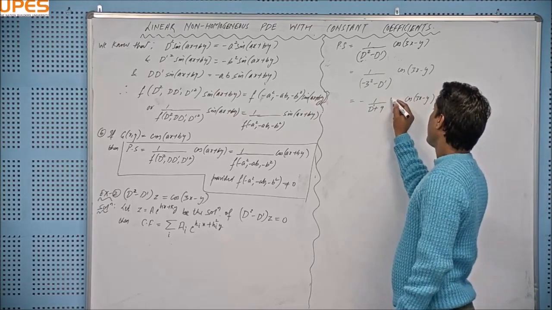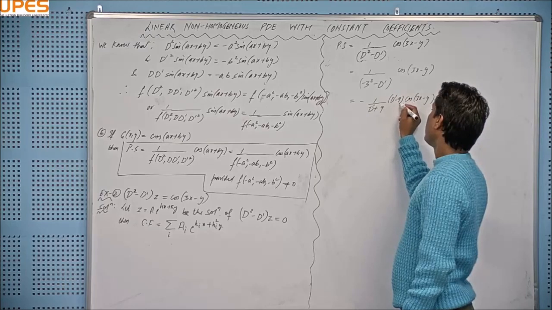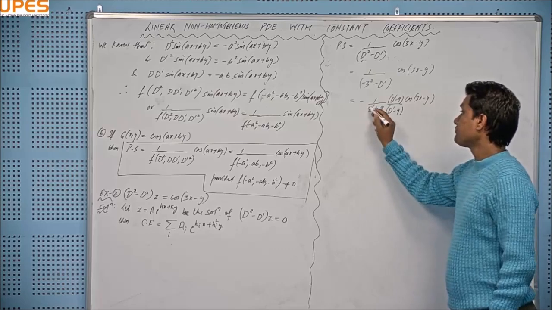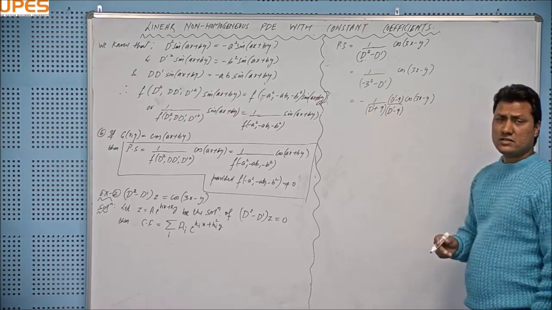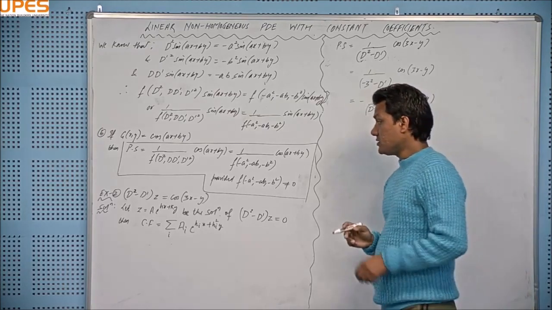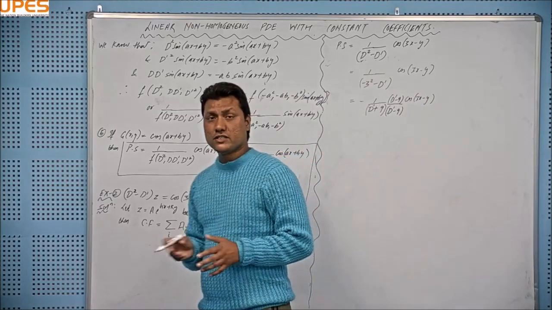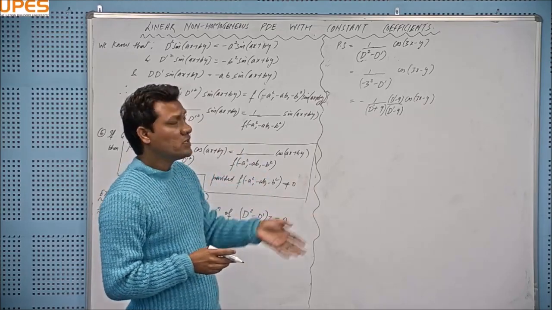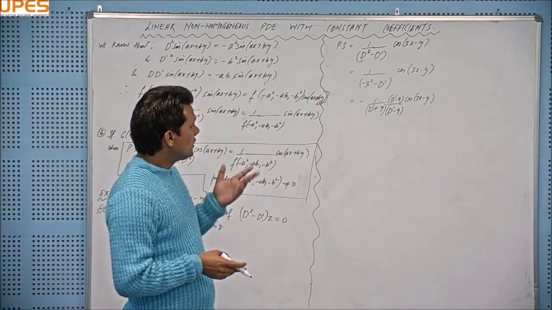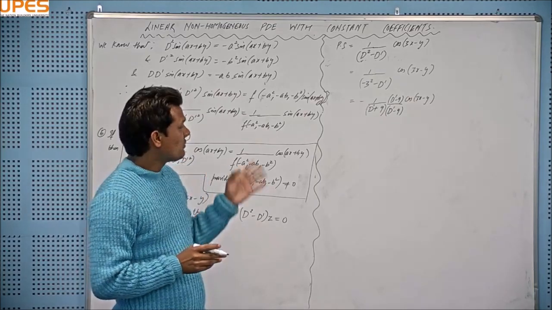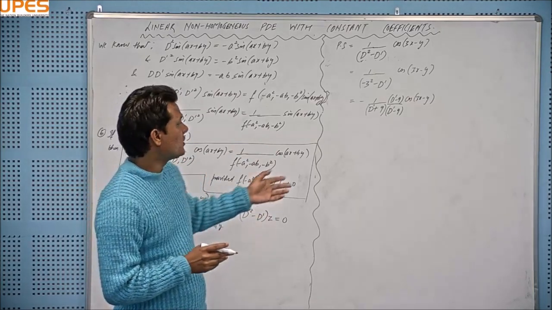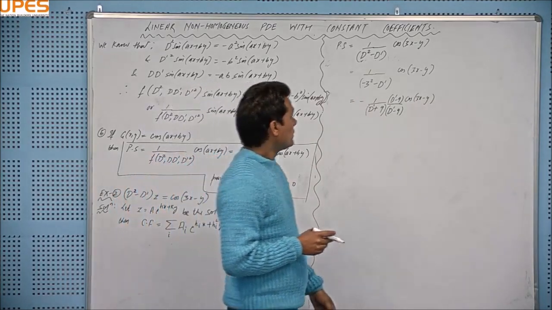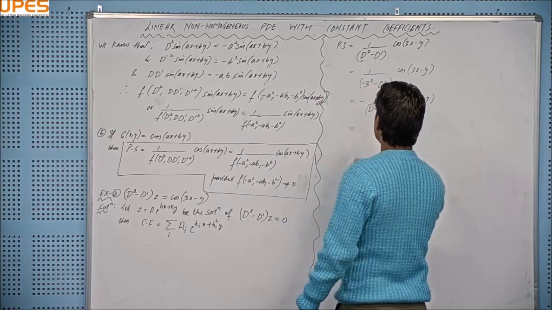As I said earlier, these operators like D and D dash behave as a single entity. It has its own existence, and it can be taken in the numerator, denominator, and you can even rationalize by something of D dash. You can multiply the numerator and denominator by D dash minus 9. So that is fine.